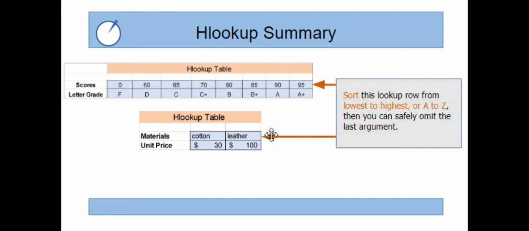You also might be wondering, if you watched the VLOOKUP lessons, which function is better to use, VLOOKUP or HLOOKUP? Personally, I prefer VLOOKUP because the vertical lookup tables are a bit clearer and more concise.